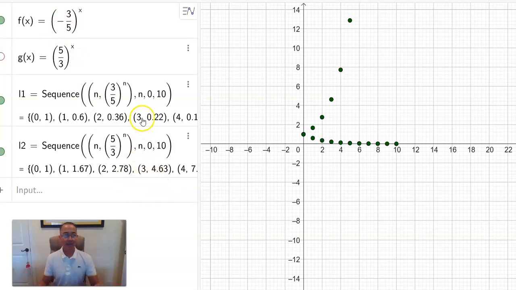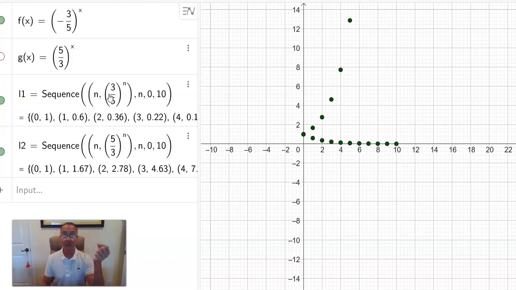But here's the thing. If we look at a sequence instead of a function defined on all reals, can this be negative 3/5? Negative 3/5 to the 0, still 1. Negative 3/5 to the first power, negative 3/5. Negative 3/5 squared, sure, 9/25.